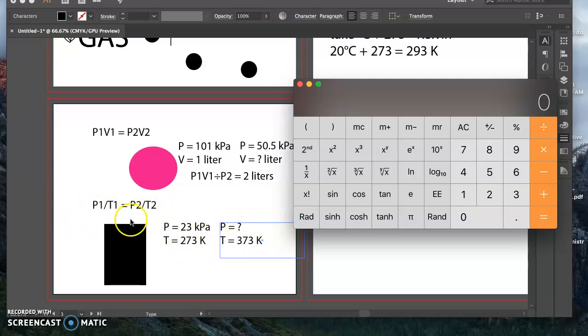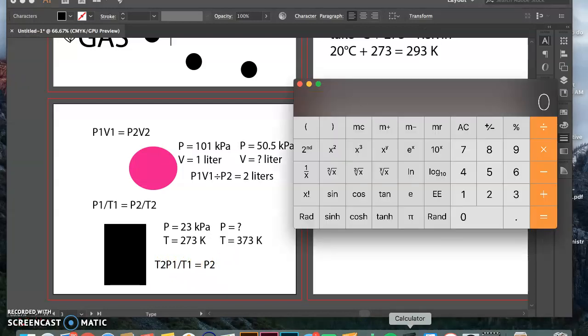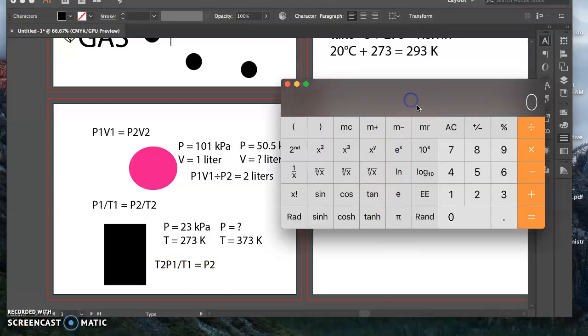So our new formula for P2 is going to equal T2 P1 divided by T1. So let's get our calculator out. T2 is 373. Pressure 1 is 23 kPa.